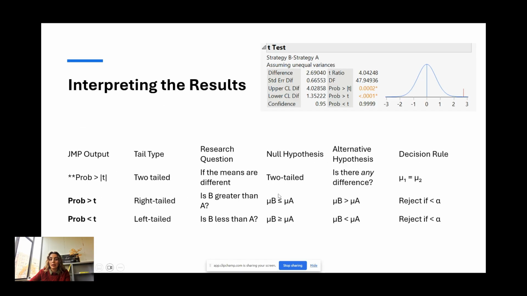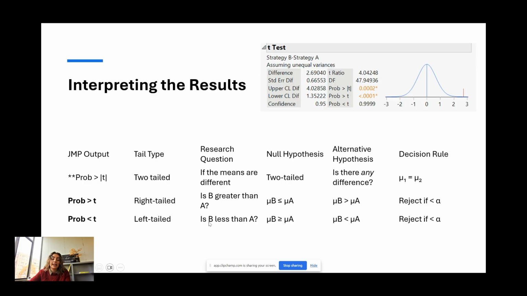B is first, so here it's a right-tail test, saying B is greater than A. The result is less than 0.05, so we reject the null hypothesis. So we say, yes, there's enough statistical evidence that the mean of strategy B is greater than A.